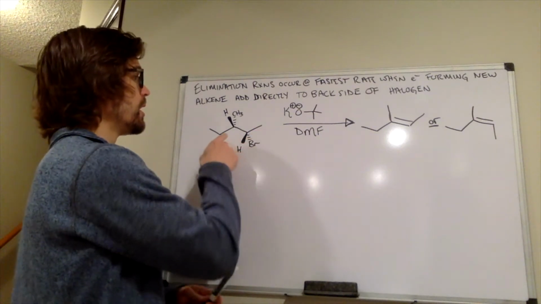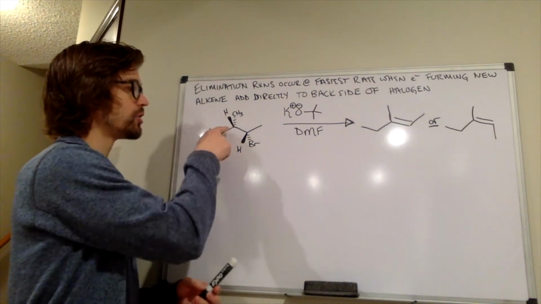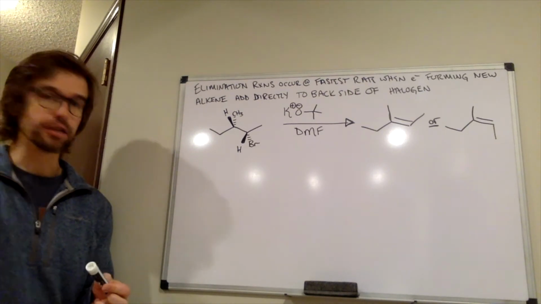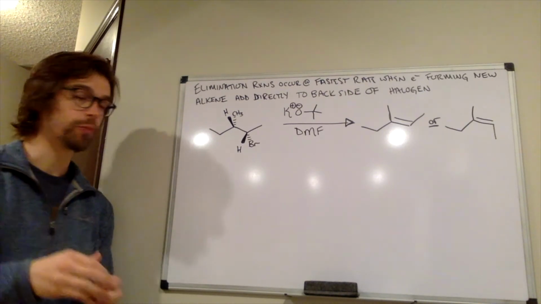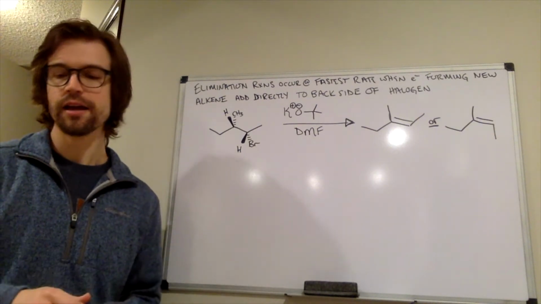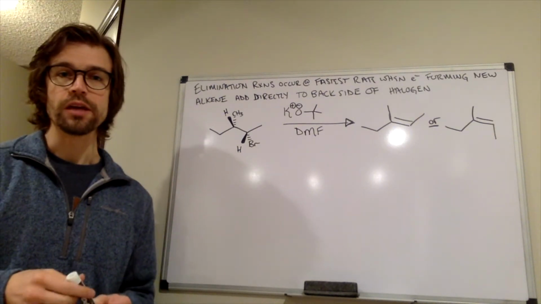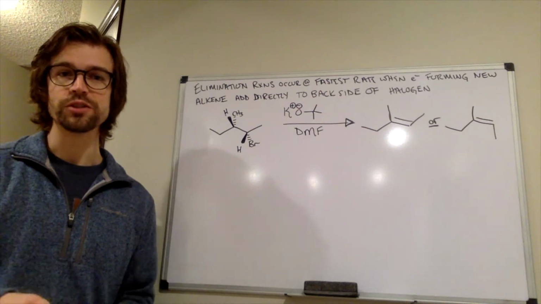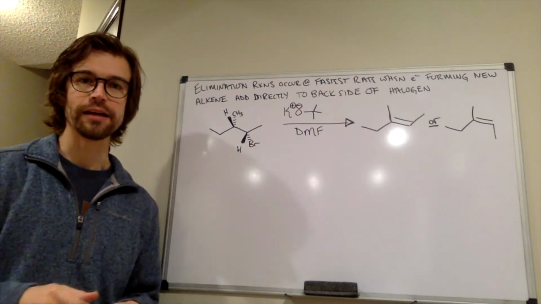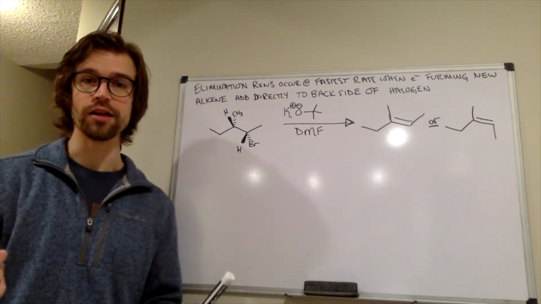So essentially, the carbon-hydrogen electrons want to add to the backside of the leaving group. So how can we visualize that? What we will try to do is use Newman projections to visualize what that backside of the carbon-halogen is.